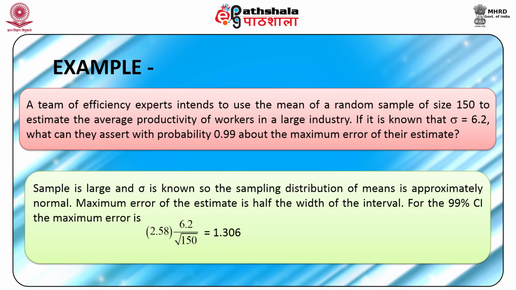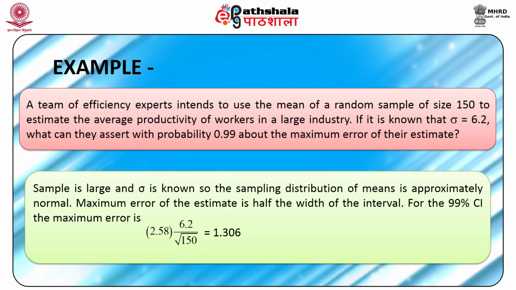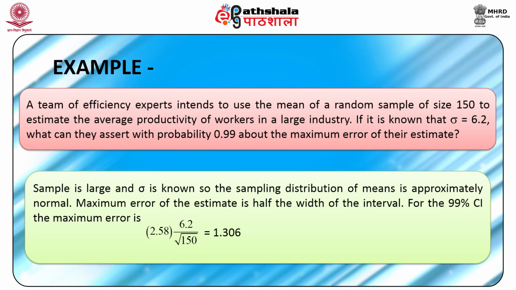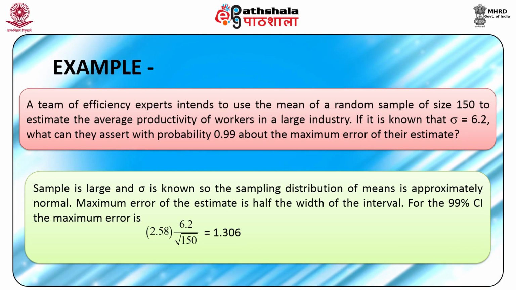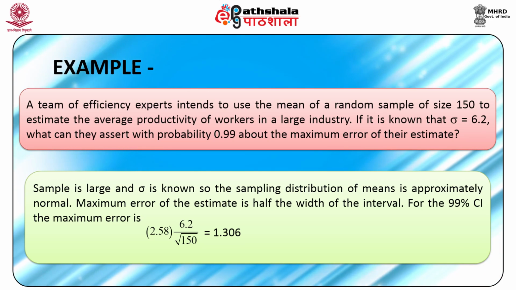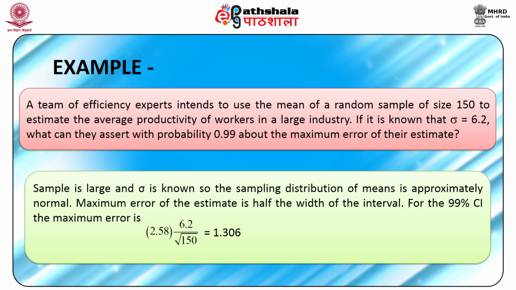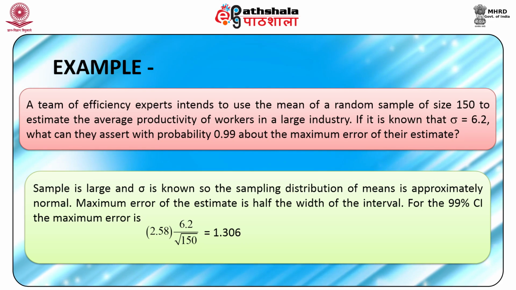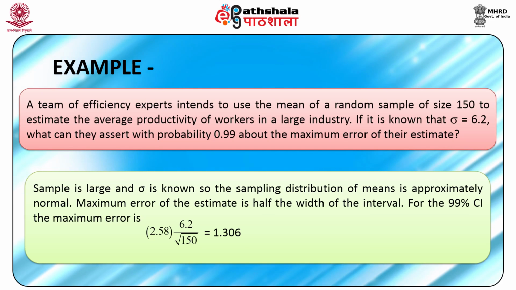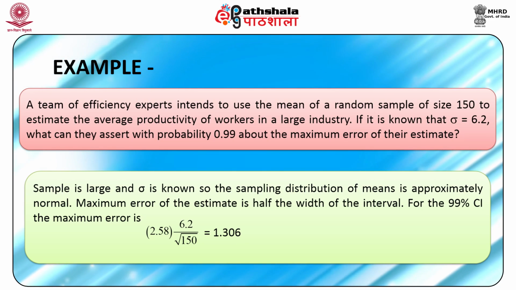The solution is that the sample is large and sigma is known, so the sampling distribution of means is approximately normal. Now the maximum error of estimate is half the width of the interval. So for a 99% confidence interval, the maximum error is 2.58 into 6.2 upon the square root of 150.